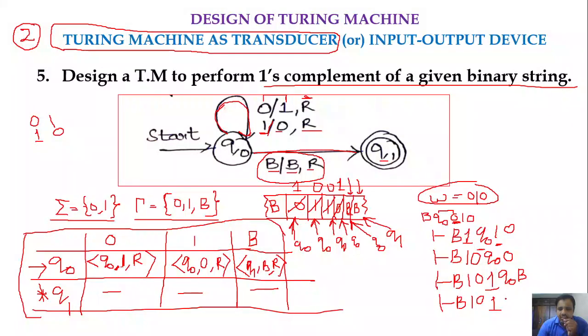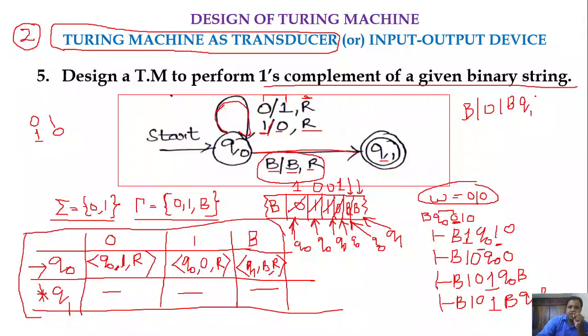Since we are moving the head towards right, it comes before the state. We move from Q0 to Q1. The next input to be processed is B. So the final ID we got is B 1 0 1 Q1 B.